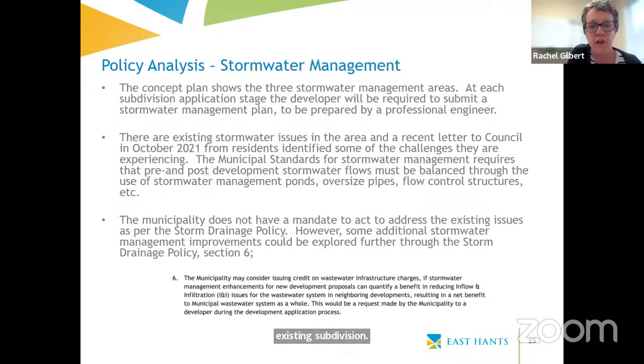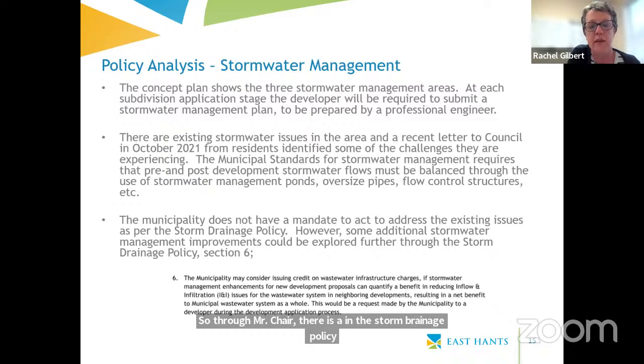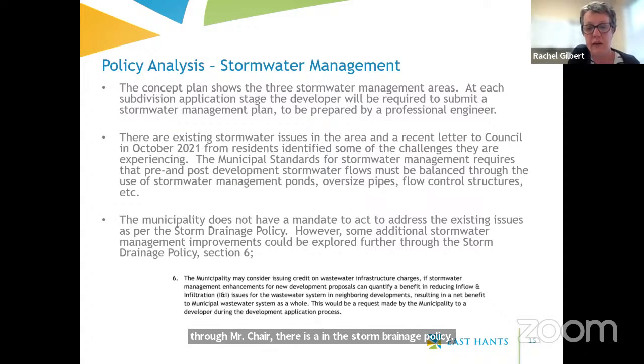Through Mr. Chair, in the storm drainage policy, we have section 6 that says the municipality may consider issuing credit on wastewater infrastructure charges if stormwater management enhancements for a new development proposal can quantify a benefit in reducing inflow and infiltration issues for wastewater systems in neighboring developments, resulting in a net benefit to the municipal wastewater system as a whole.